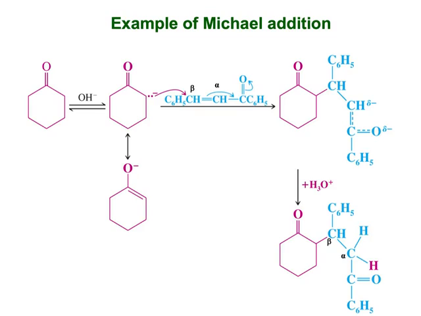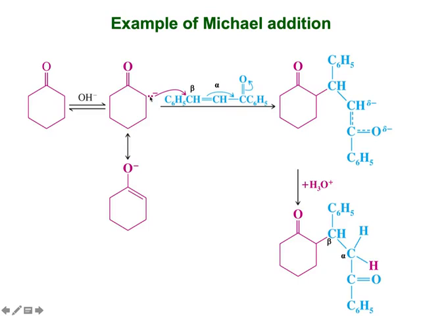So here is an example of Michael addition. Okay, here is the cyclic ketone. Okay, a base abstracts hydrogen from this alpha carbon, so it becomes C minus, and this is the enolate anion.